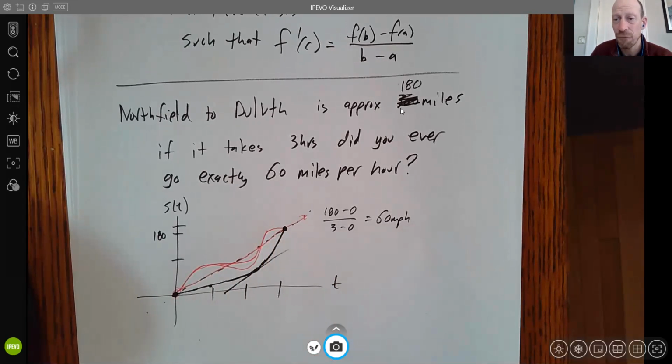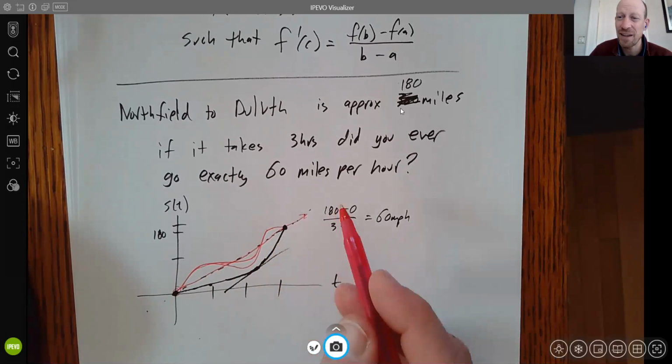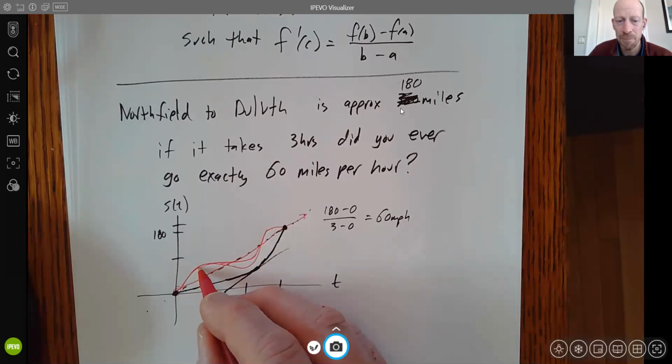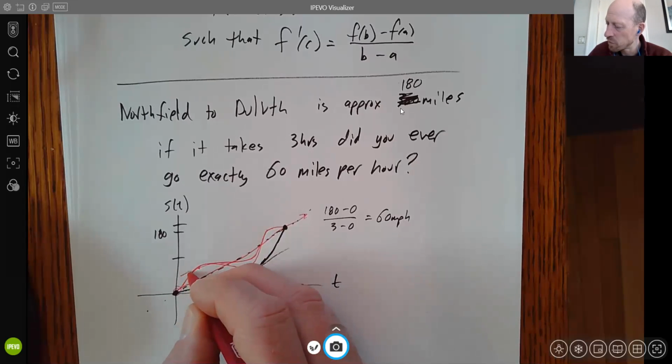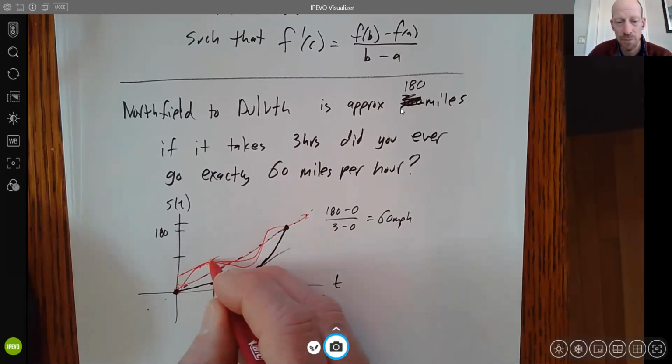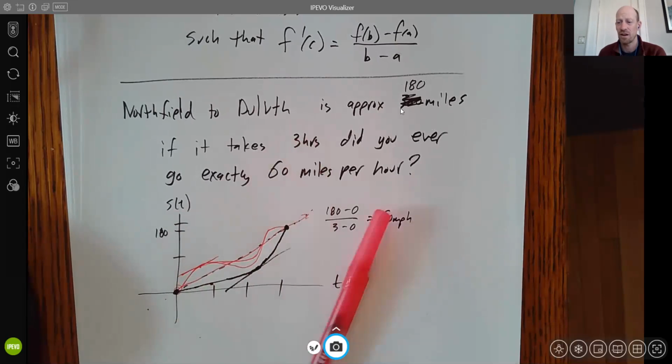I could go lots of different ways, but since my driving here is both a continuous and differentiable function, that means there is at least one spot where my average rate of change is equal to my instantaneous rate of change. That's what the mean value theorem says in an applied sense.